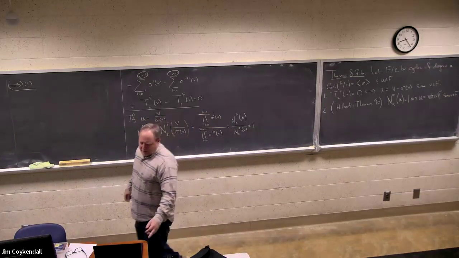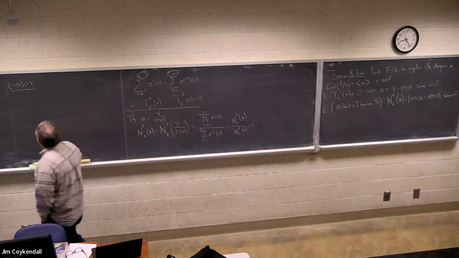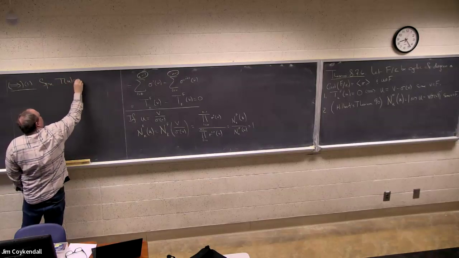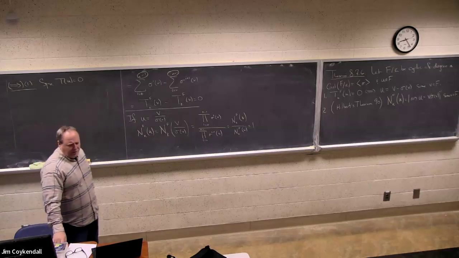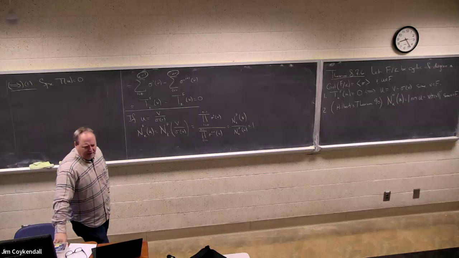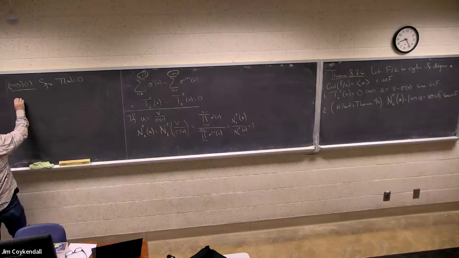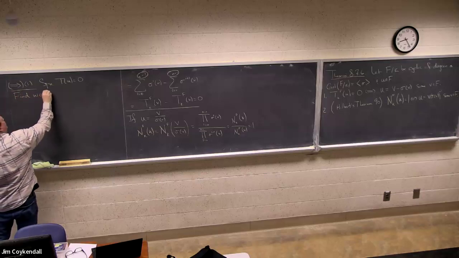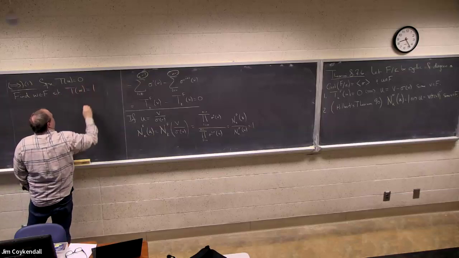We're going to need some of the stuff that we built up. So let's suppose, I'm going to suppress the superscript field here, so forgive me on that. What I'm going to do first is find an element such that the trace is 1. So step one in our recipe: find W in F such that the trace of W is equal to 1.